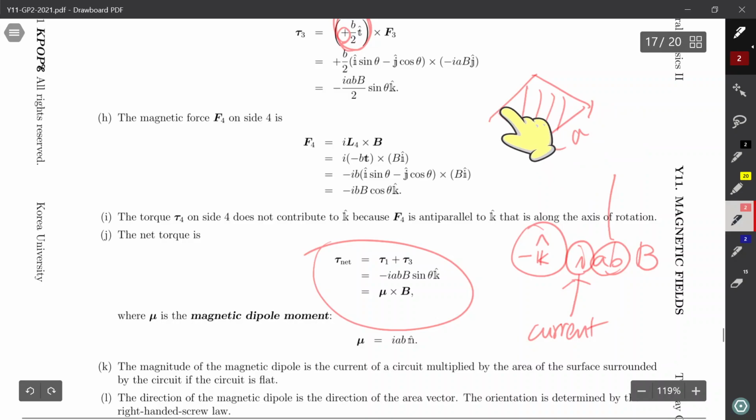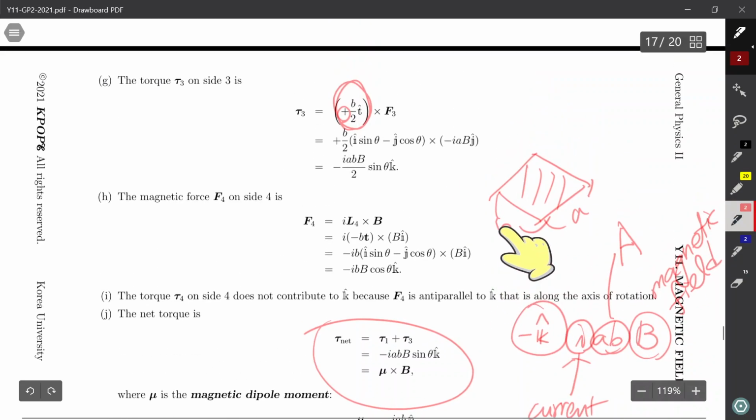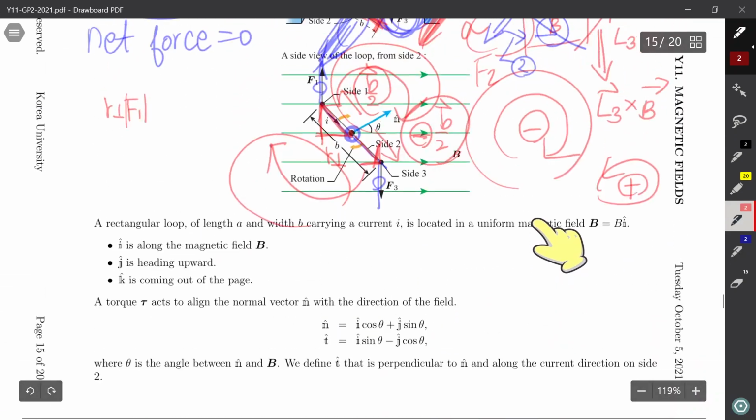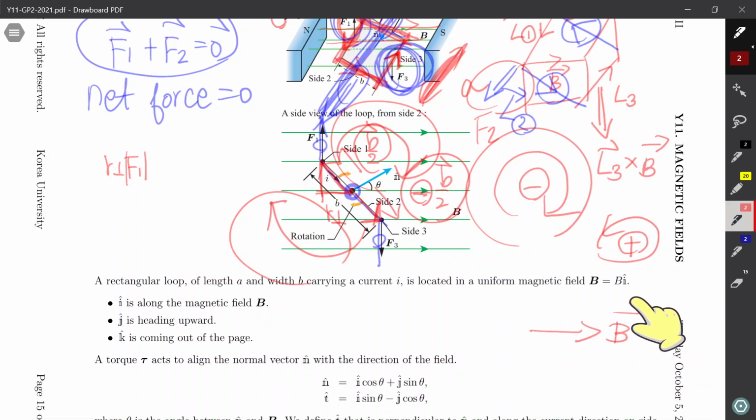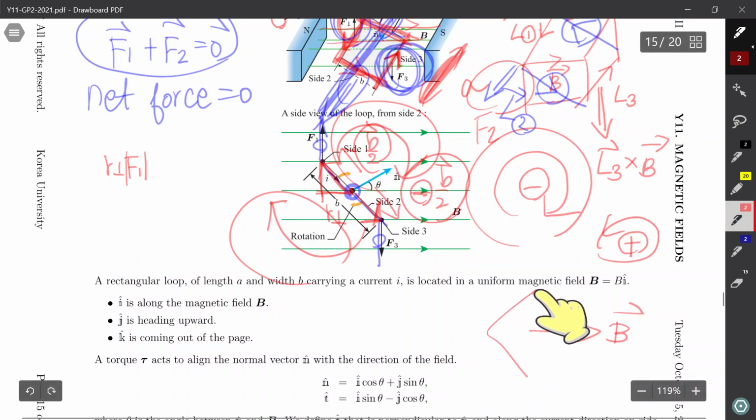This is a, this is b, this is the area, and this is the magnetic field. We say the magnetic field is along this direction, B. This is the area of sides a and b.